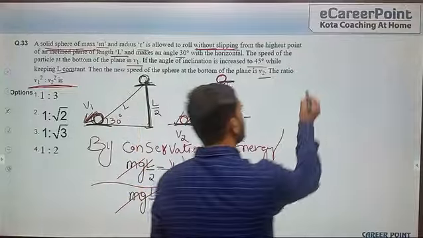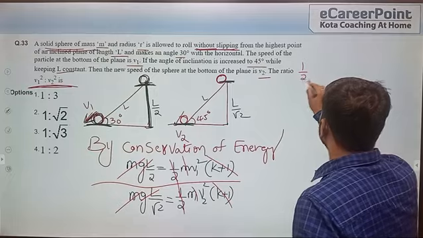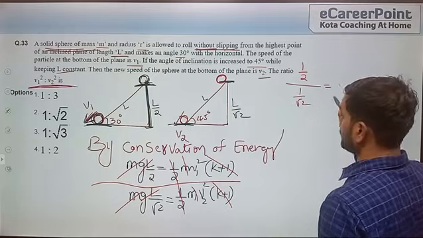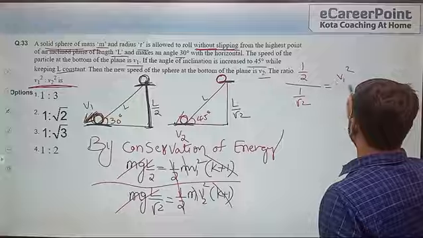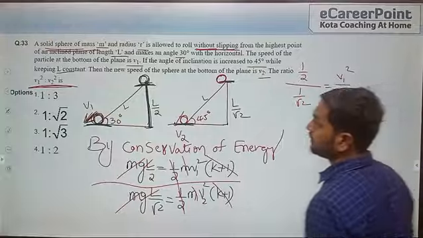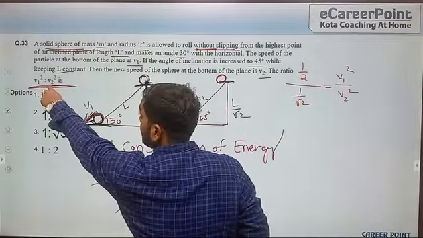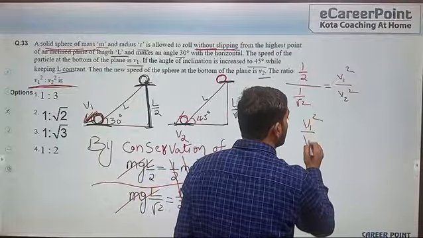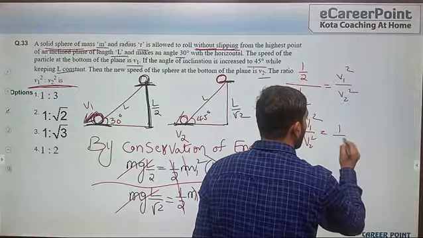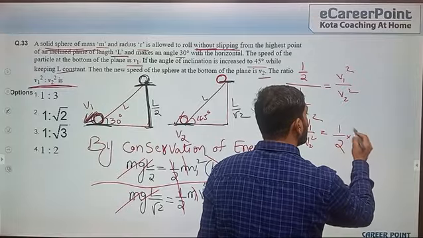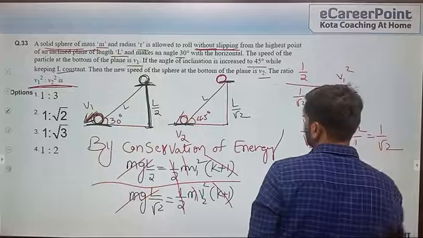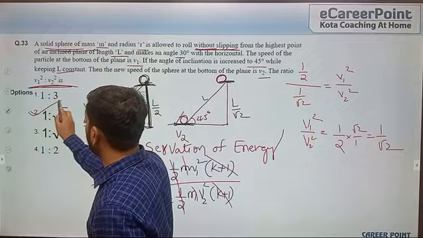So the remaining will be 1 by 2 by 1 by root 2, which is equal to v1 square by v2 square. So v1 square by v2 square is equal to 1 by 2 over 1 by root 2. That means we are going to get 1 by root 2. So 1 by root 2 is our right answer.